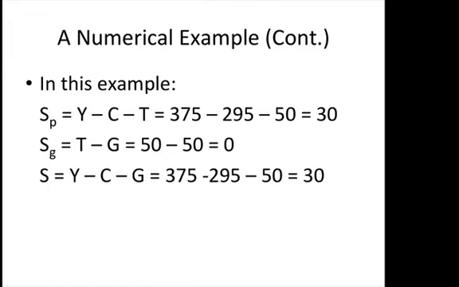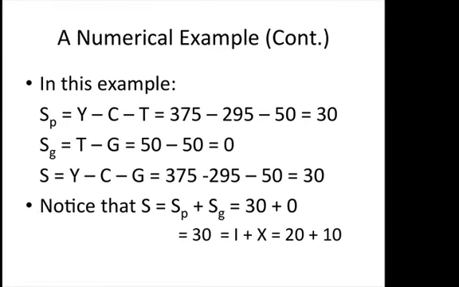Total saving is private saving plus government saving, so 30 plus 0, which is 30. And notice that total saving, 30, is also equal to investment plus net exports, 20 plus 10, which is again 30. So at the point of spending balance, total saving is equal to investment plus net exports.